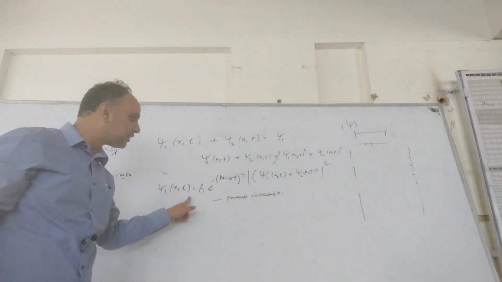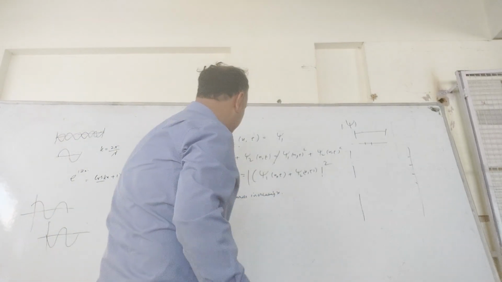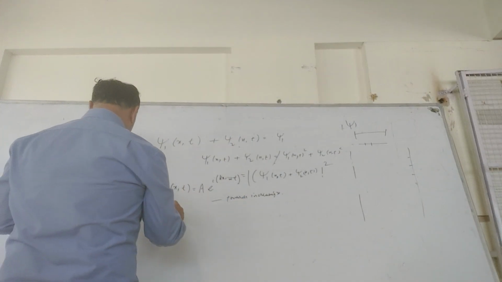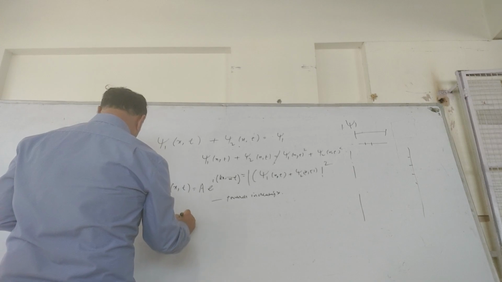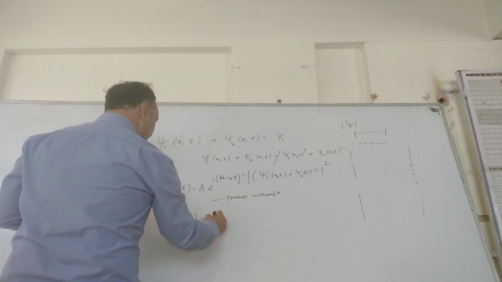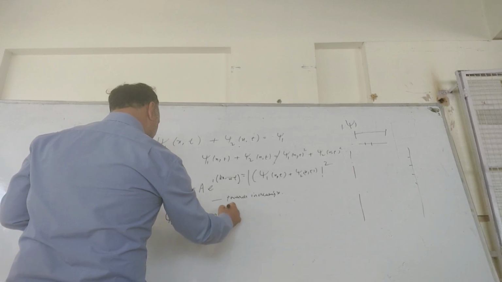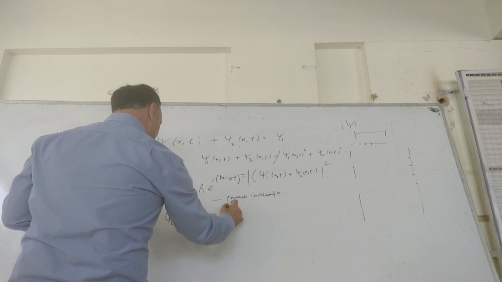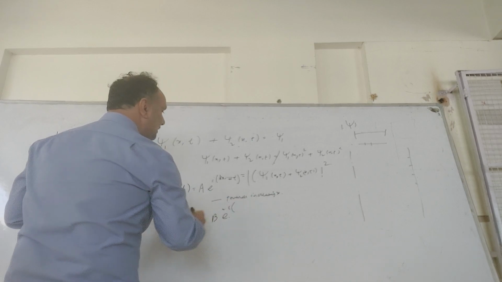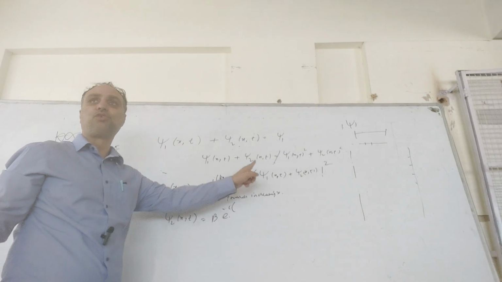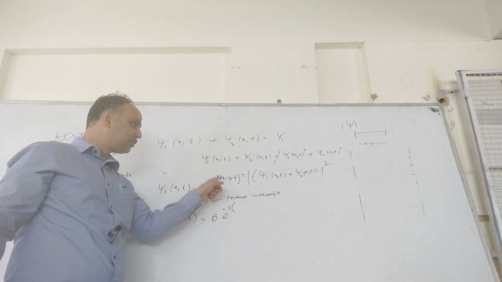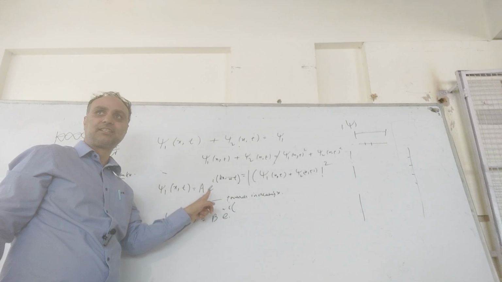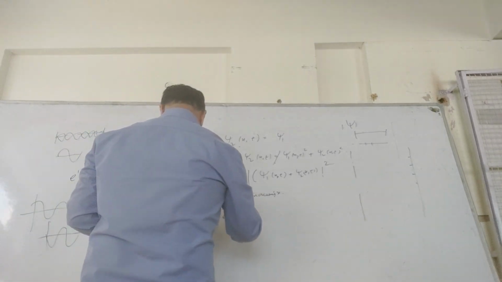In the same way, psi1 is towards increasing x. The other wave we get is psi2(x, t), which will be e to the power minus iota, since k is for forward propagation, when it comes back this k will change into minus k.